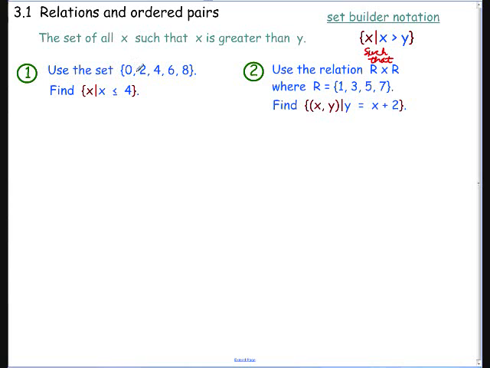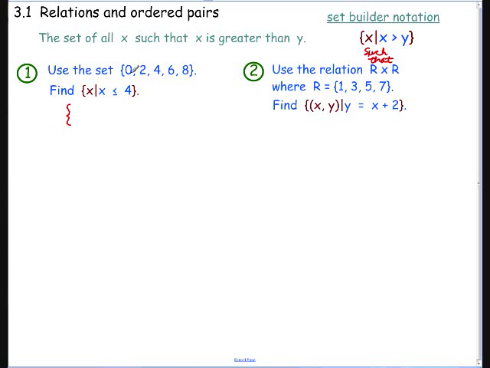Use this set, which is just some even numbers, and we're going to find X such that X is less than or equal to 4. So what is that set going to look like?